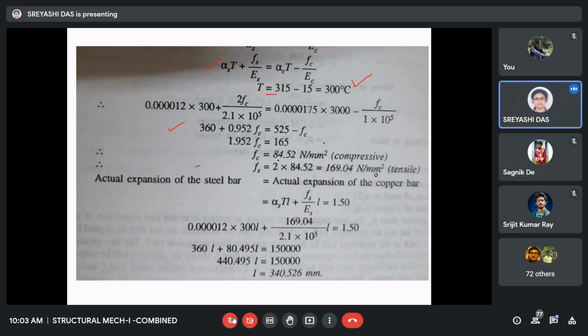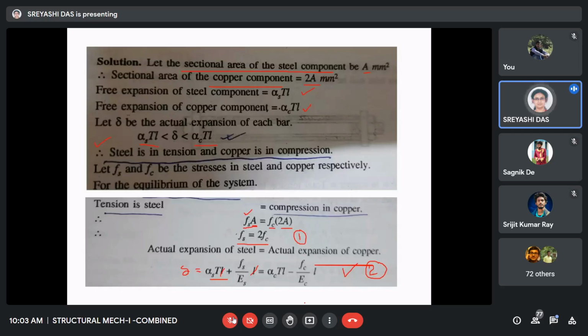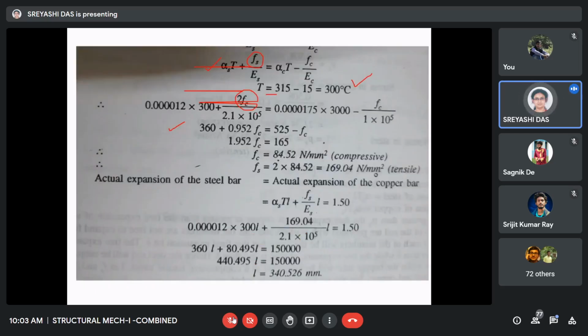Just check it. I think it is Fc and it is also Fc. Oh, here this is Fs. So Fs is replaced by 2Fc, because we have seen that Fs is equal to 2Fc. We have used this equation to find Fc, and then we got Fs.